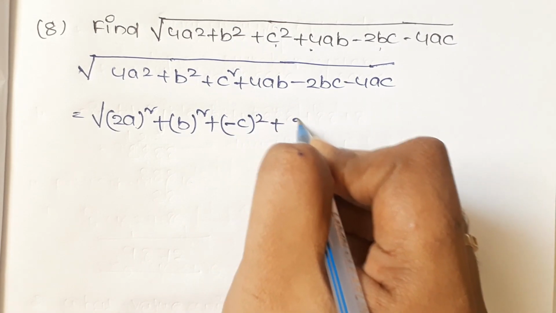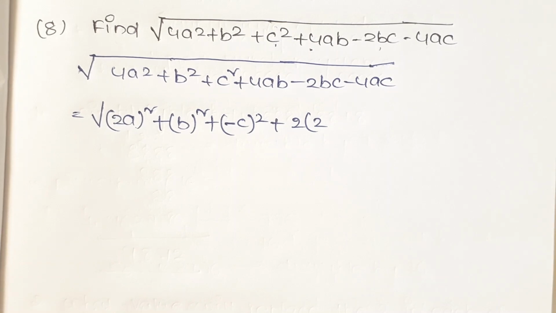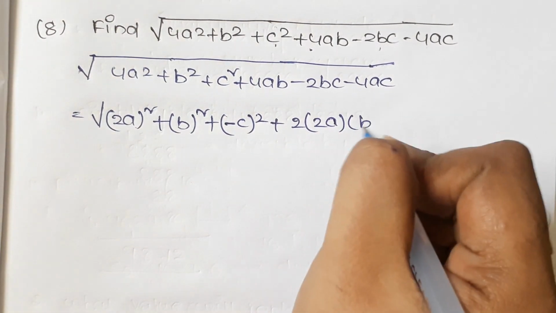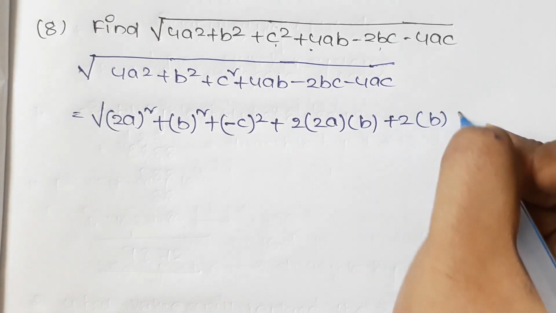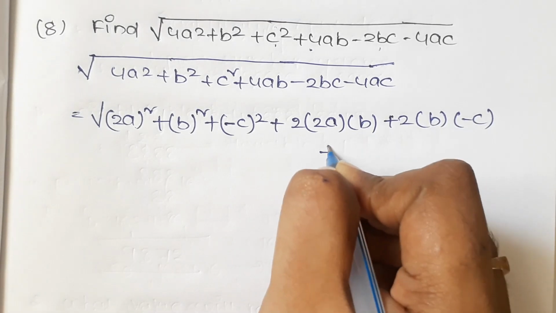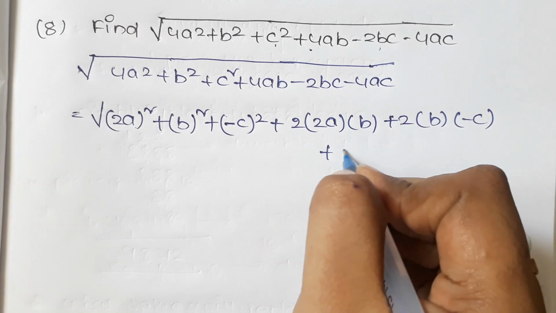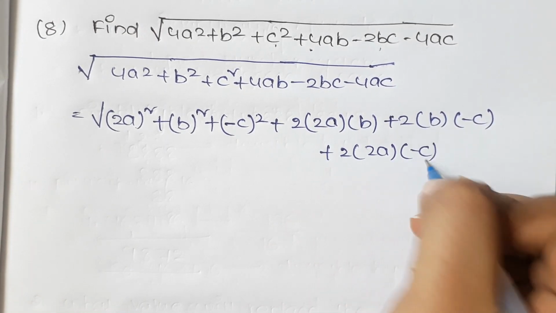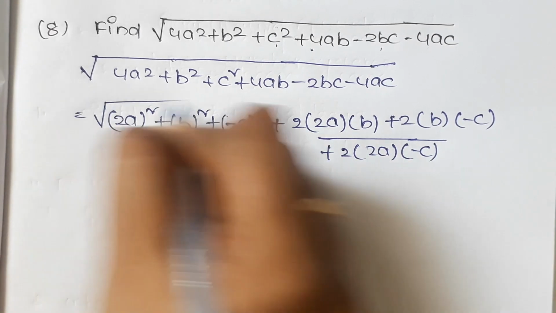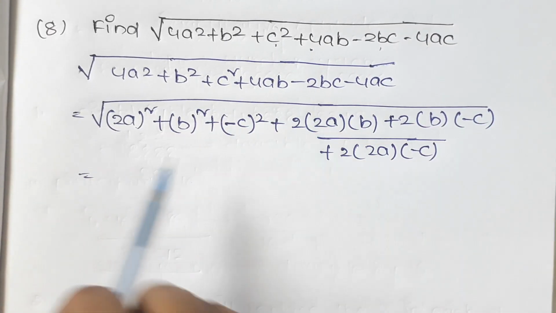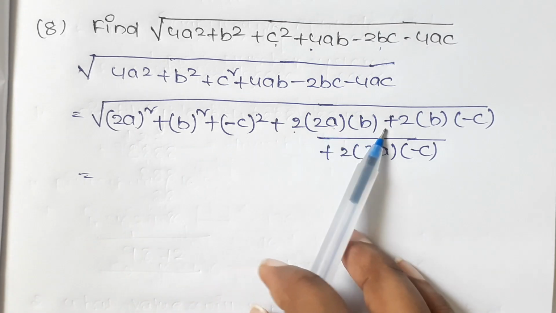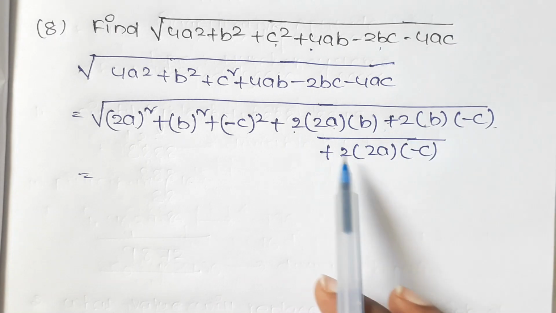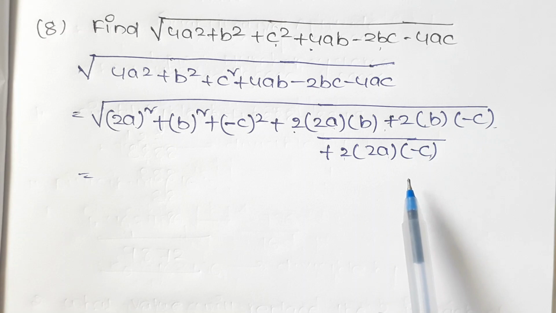and 2 into 2a into b plus 2 into b into minus c plus 2 into 2a into minus c, and it is having square root, and it is in the form of a square plus b square plus c square plus 2 into ab plus 2 into bc plus 2 into ca, and the formula for this is a plus b plus c whole square.